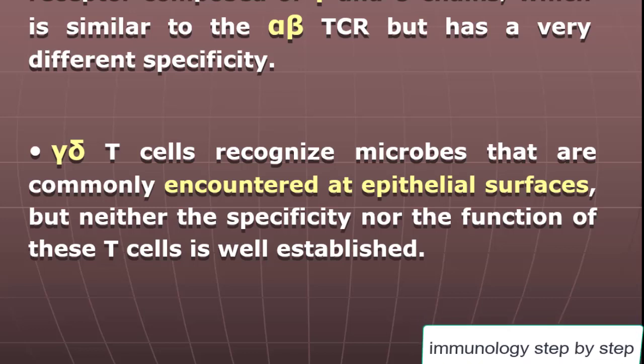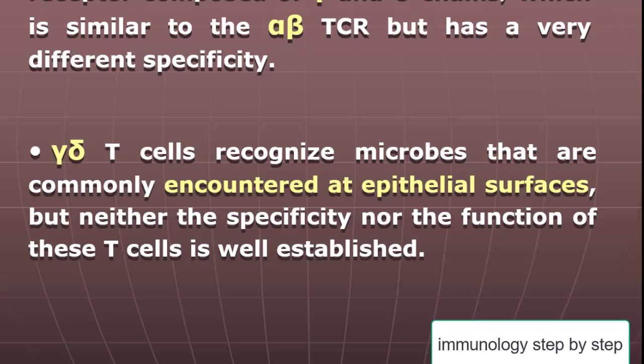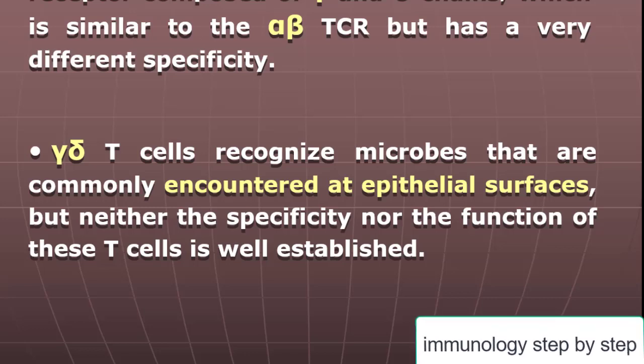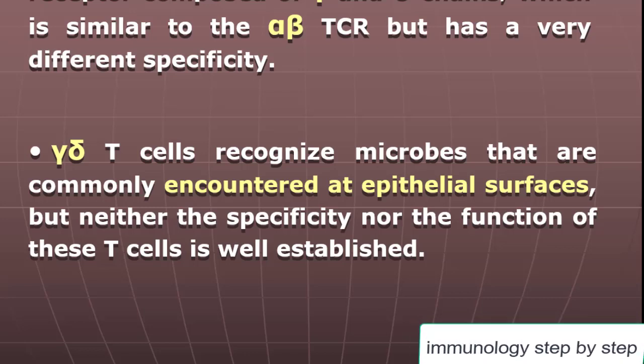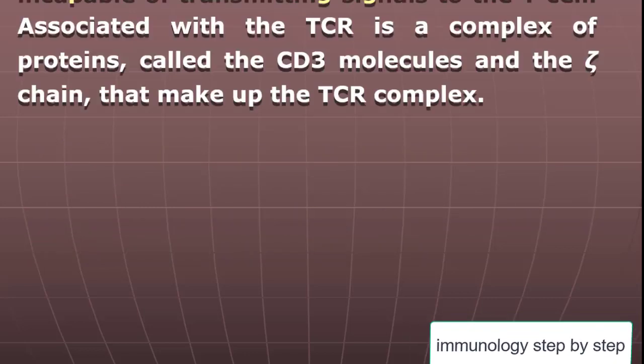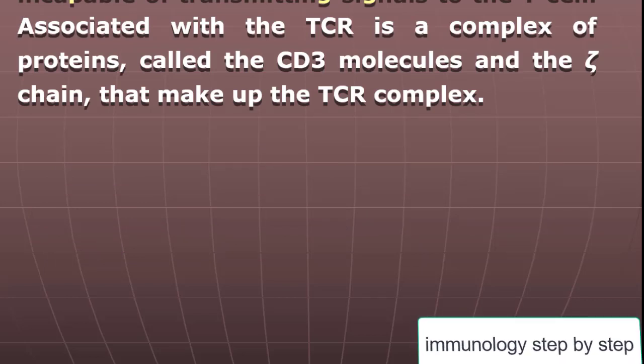Gamma delta T cells recognize microbes that are commonly encountered at epithelial surfaces, but neither the specificity nor the function of these T cells is well established. The T cell receptor recognizes antigen, but it is incapable of transmitting a signal to the T cell.